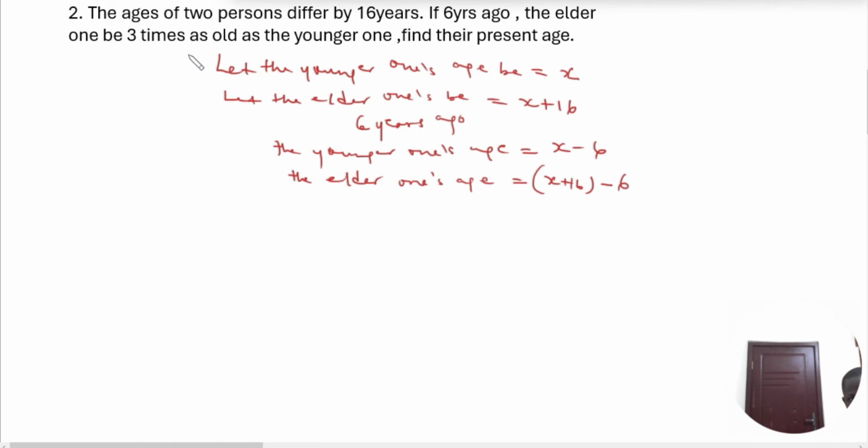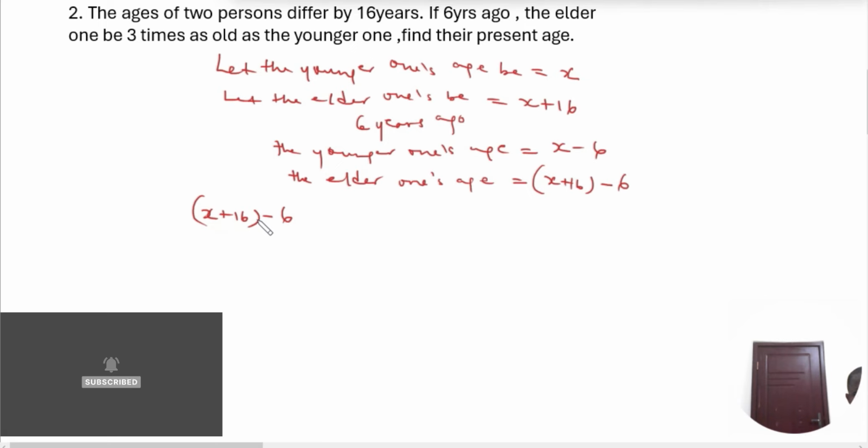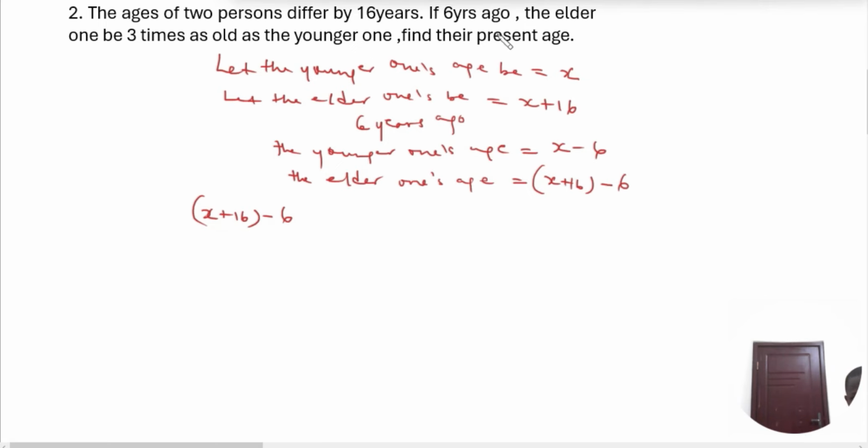If 6 years ago, the elder one will be 3 times as old as the younger one, find their present age. So we are told that the elder one's age 6 years ago is x plus 16 minus 6. This is the age of the elder one. So from the statement, the elder one's age is 3 times as old as the younger one.